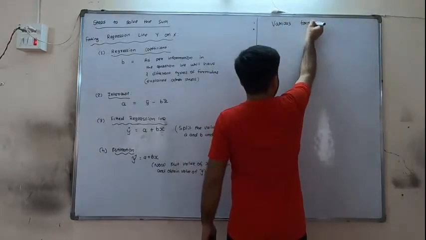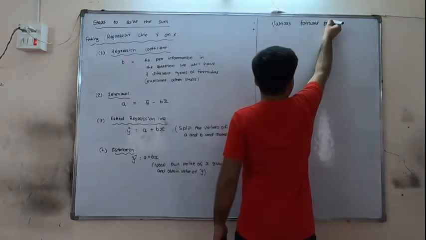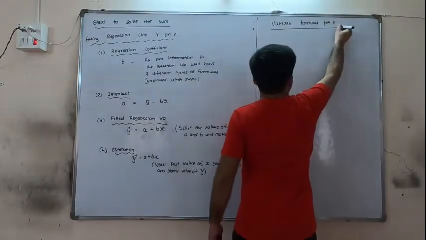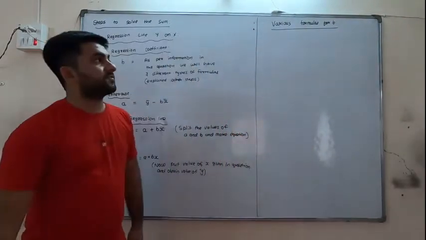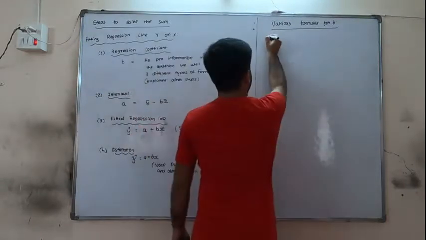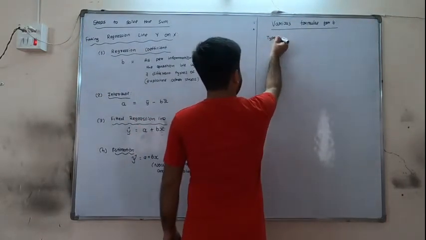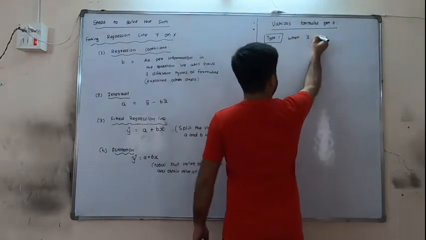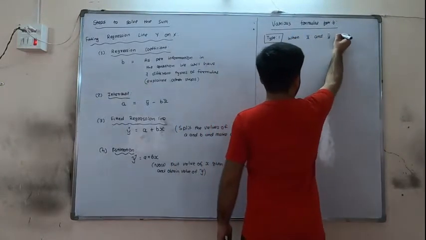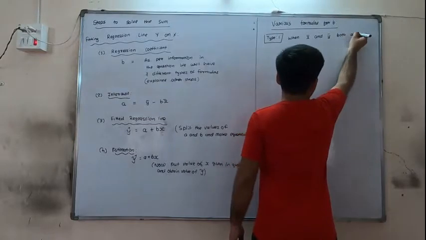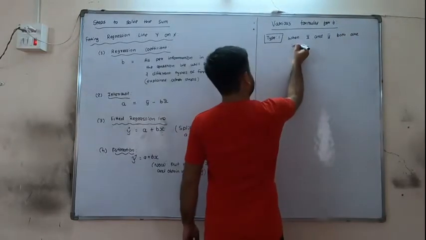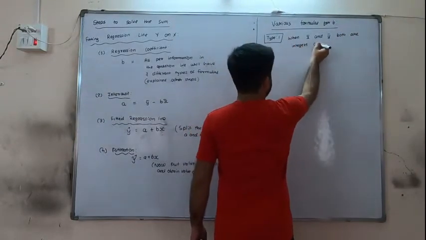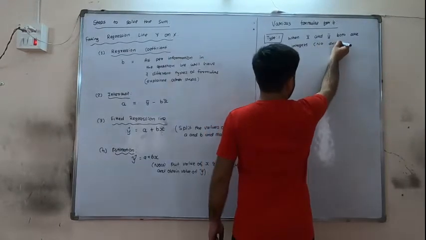Now various formulas for b. Type 1. When x bar and y bar both are integers, meaning no decimals.